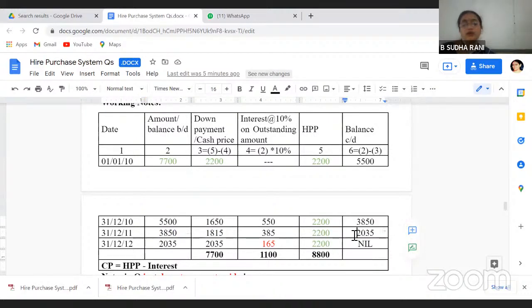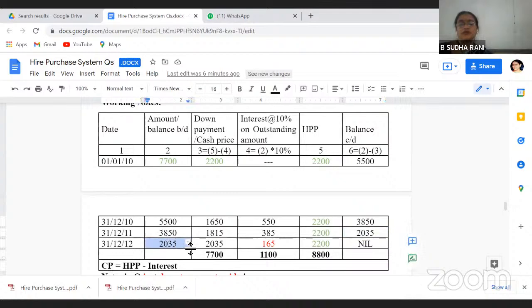Then you got a balance of 2,035. Now, again, 3,850 minus 1,815, you got 2,335. So this is going to be the third year ending cash balance.